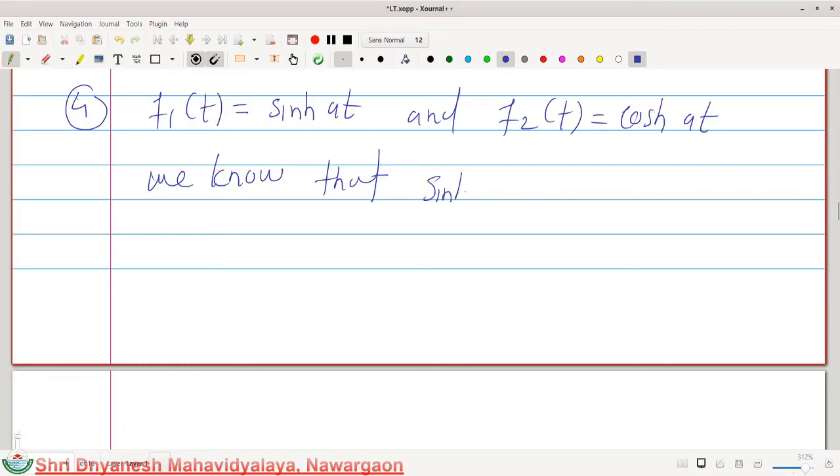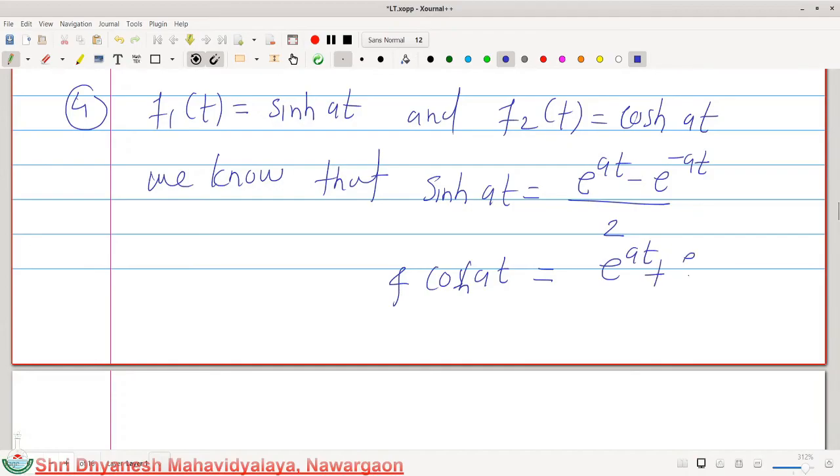So we know the formula for sinh(at) is (e^(at) minus e^(-at)) upon 2. There is no i here. And cosh(at) is (e^(at) plus e^(-at)) upon 2.